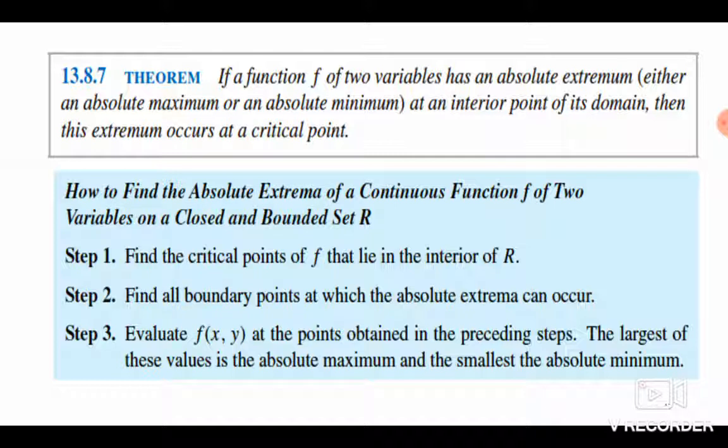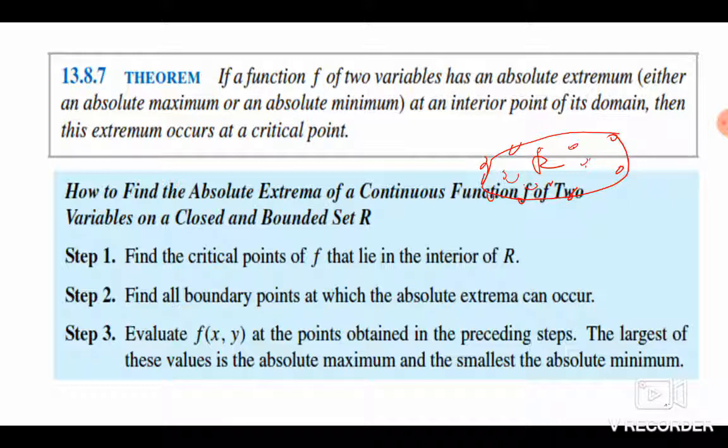And one more point, the absolute extrema can occur either on the boundary points or at some interior points. If there is an extremum at an interior point, by another theorem, it should be at the critical points.